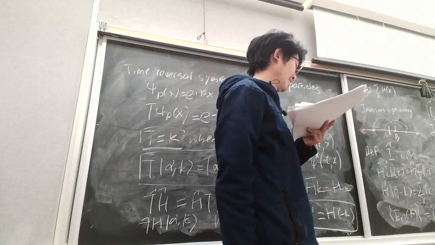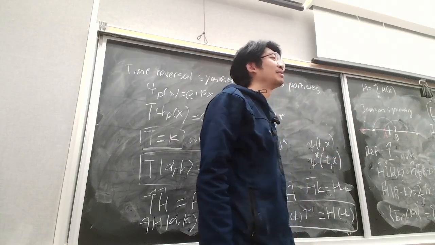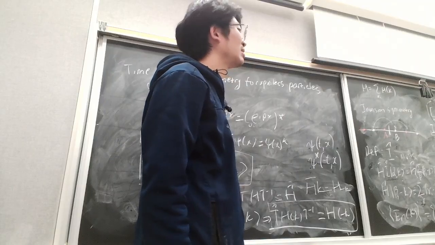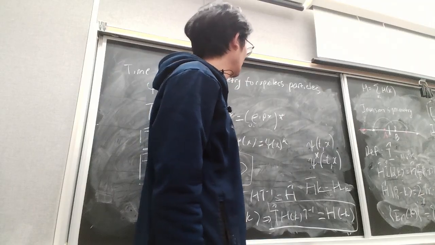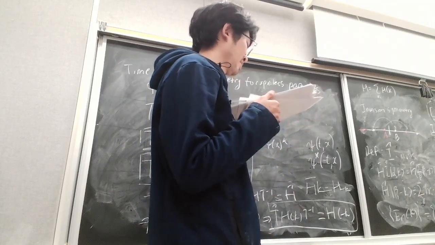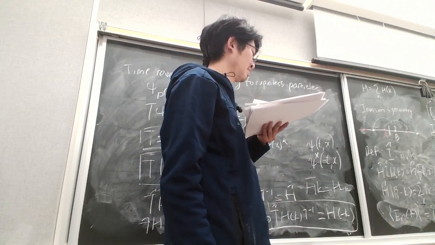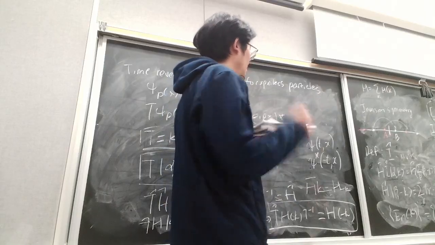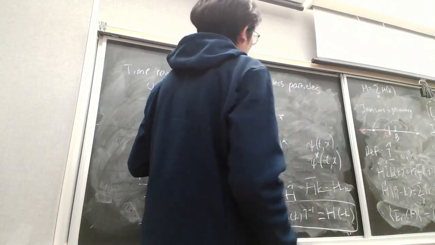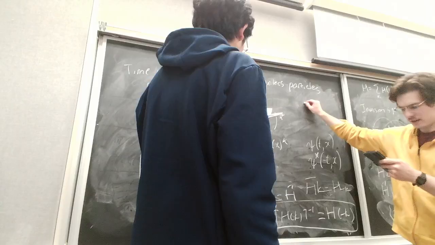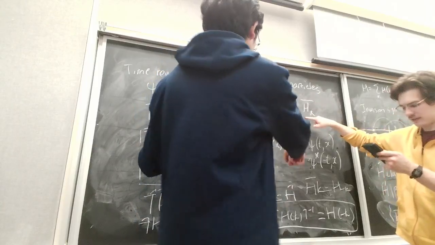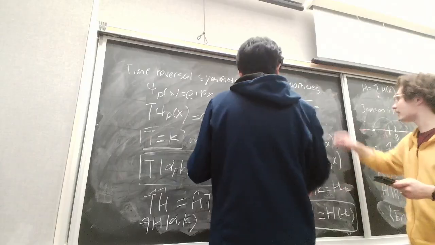Okay, so it was a little more subtle than that. With inversion symmetry, we already had the first step, and in the case of time reversal, not only did you have this, but you also got that the complex conjugate of this was equal to, oh yes, I wrote it here.